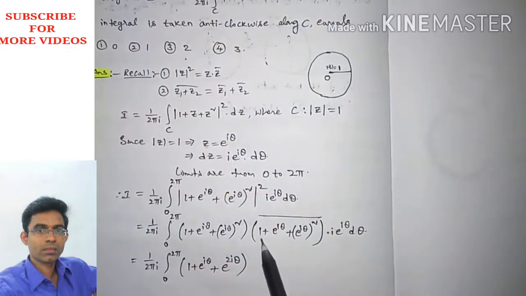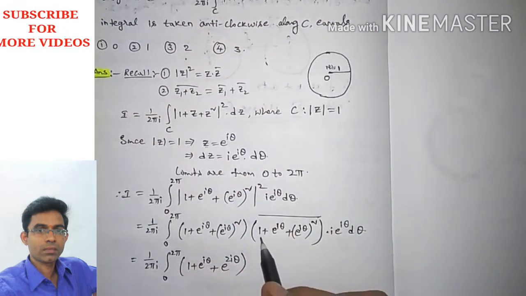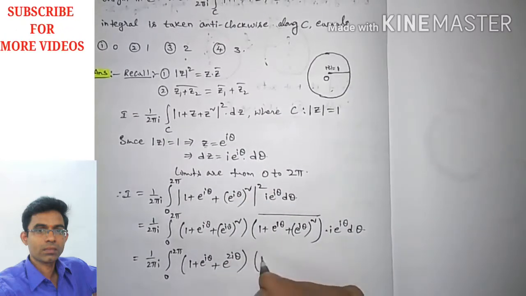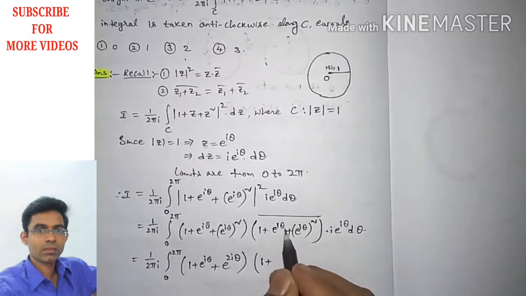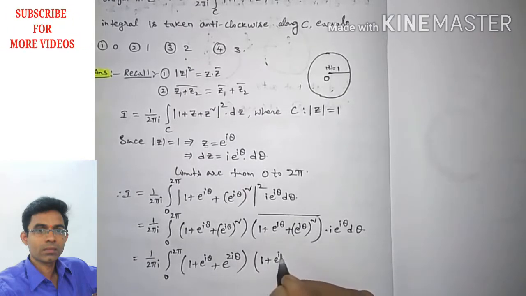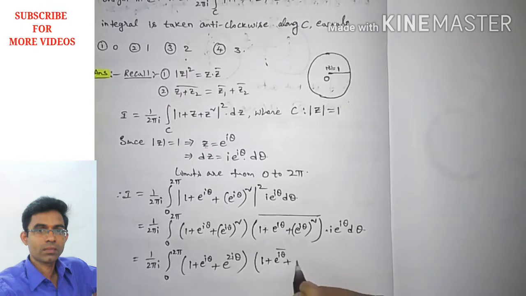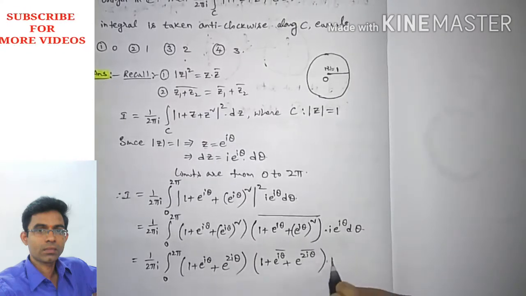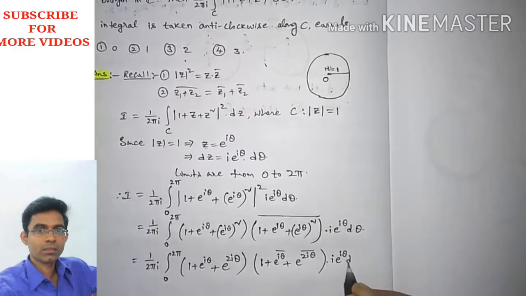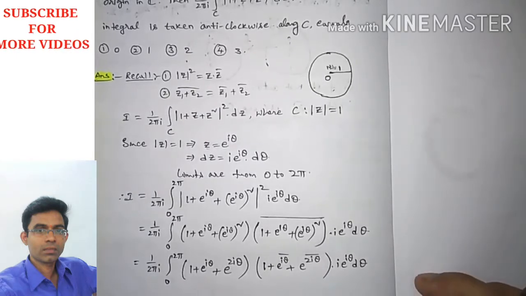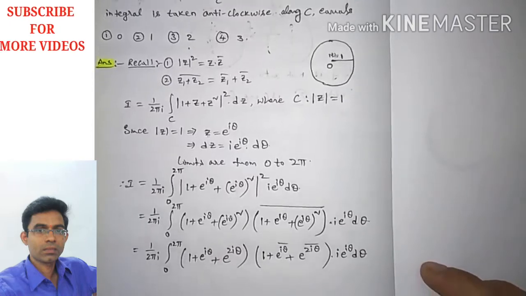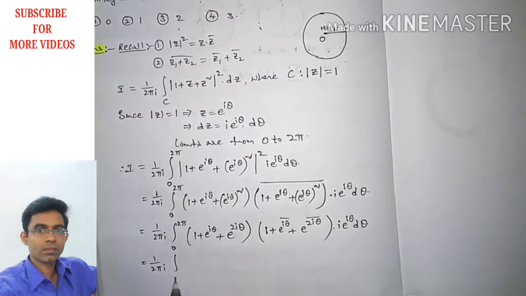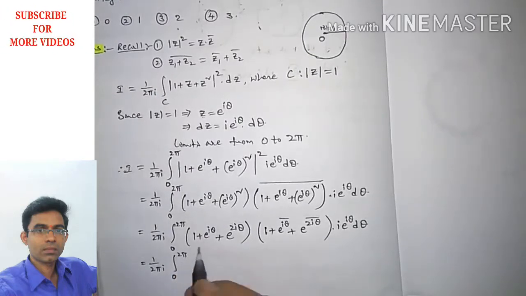Here 1 is a real number, and the conjugate of a real number is itself, so 1 bar means 1 itself. So it can be written as 1 plus e power i theta whole bar plus e power 2i theta bar, into i e power i theta d theta. Is it clear? Now this is equal to 1 by 2 pi i integral 0 to 2 pi.